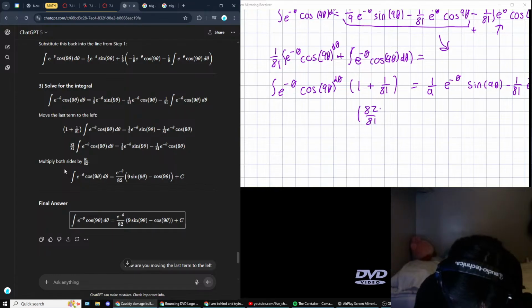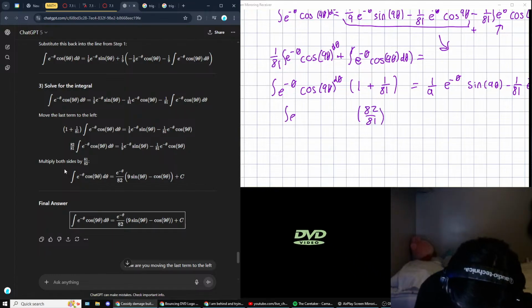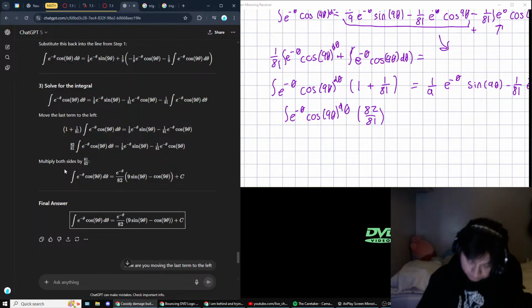82/81 integral of e negative theta cosine 9 theta d theta.